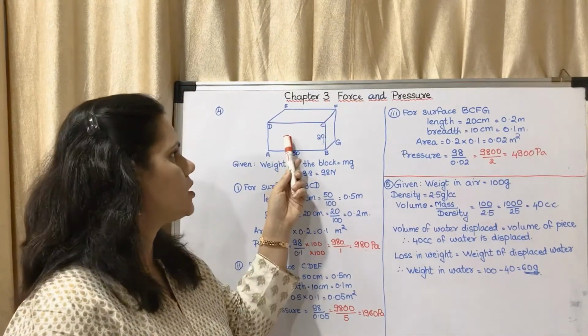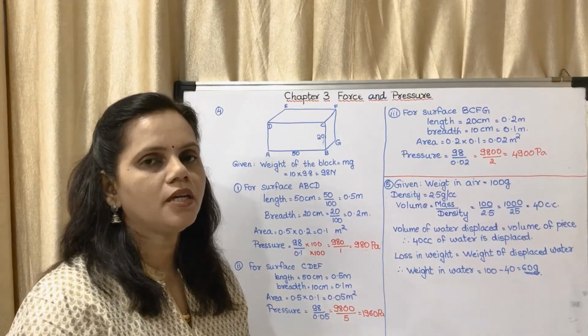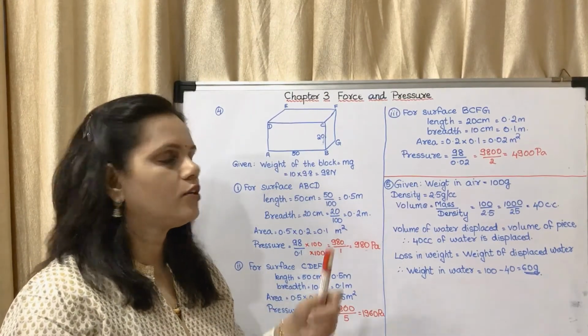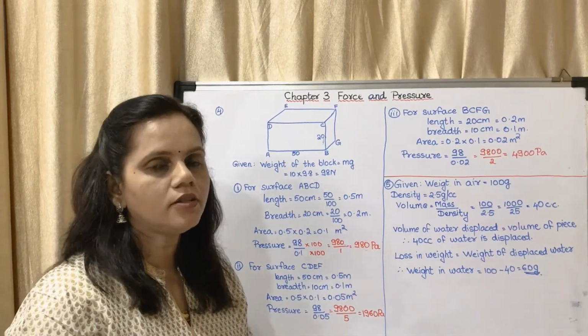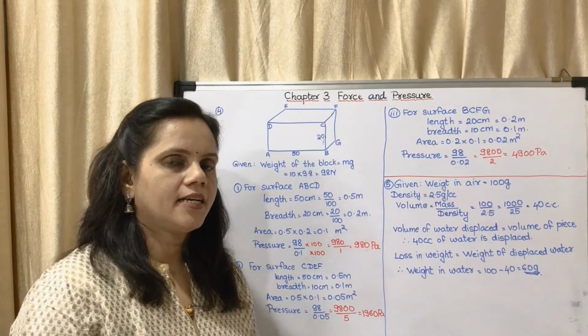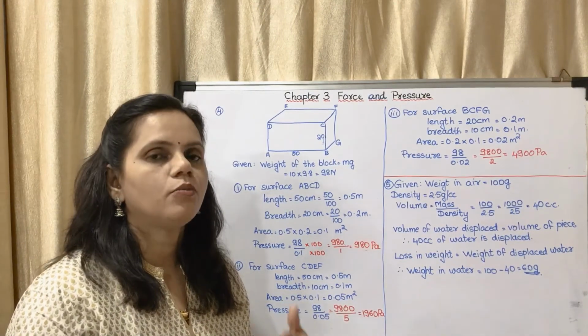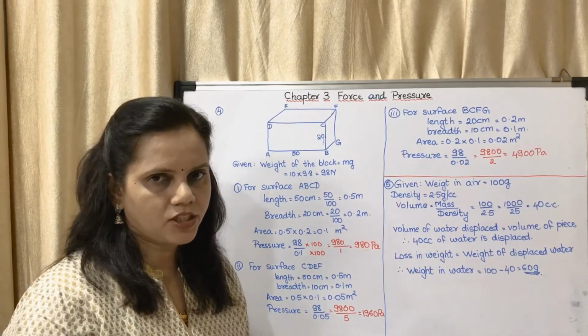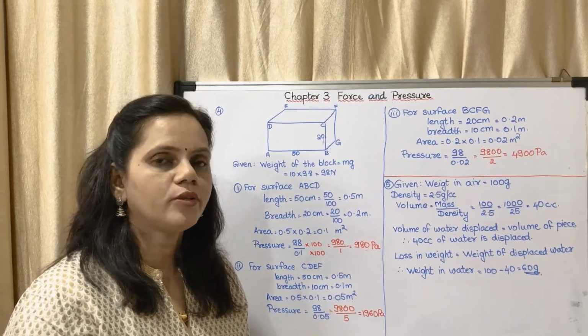Which surface, when you keep it downwards, will give more pressure? You have to find out. As we discussed earlier, more the area, less is the pressure. Less the area, more is the pressure. Now we have to prove that.